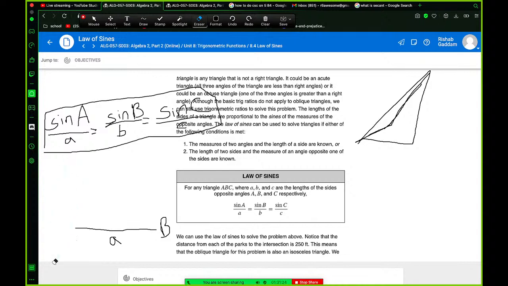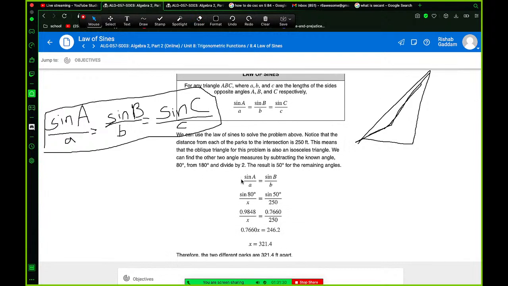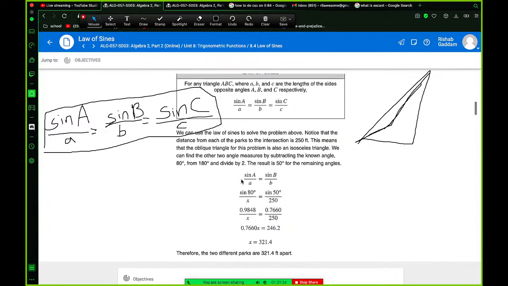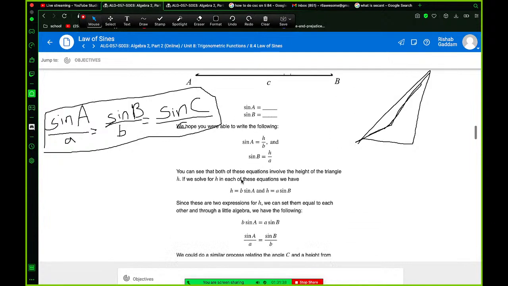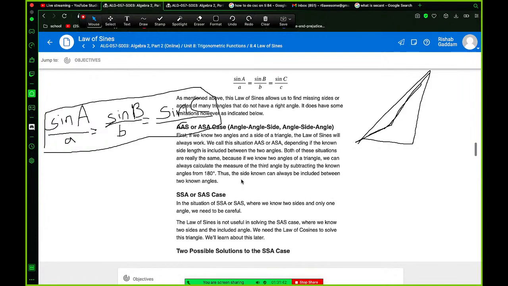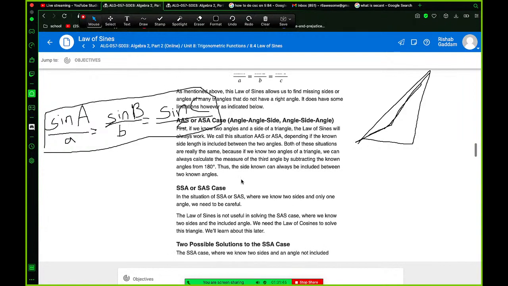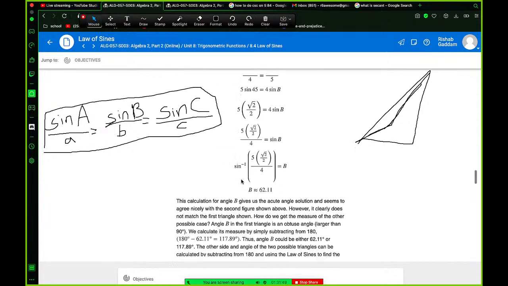So let's find out how we can actually use this, and in what cases we use it. I'm trying to find it. I don't know where I found it before. Okay, ASA. Just one second, guys.